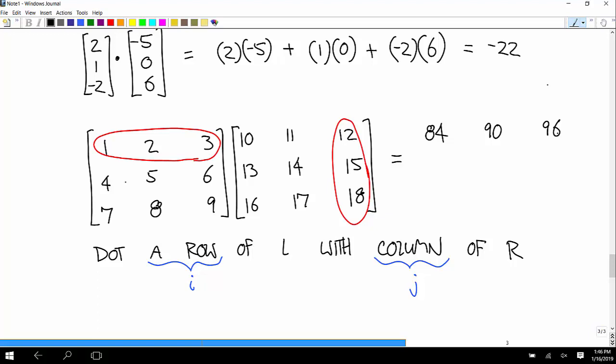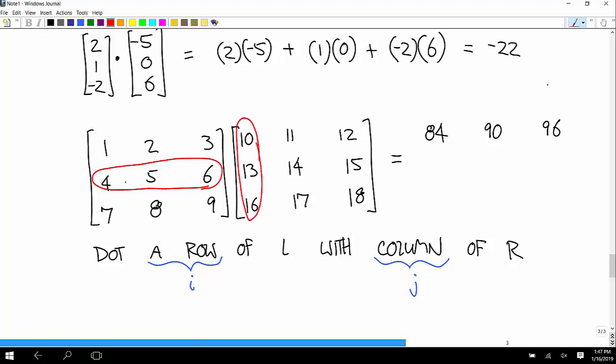Actually, I'll do one more so you can see what happens when you change the row, but it just keeps following this pattern. So now we'll take the dot product of the second row of the left matrix with the first column of the right matrix. I is 2, J is 1, so this dot product goes in the 2, 1 element.